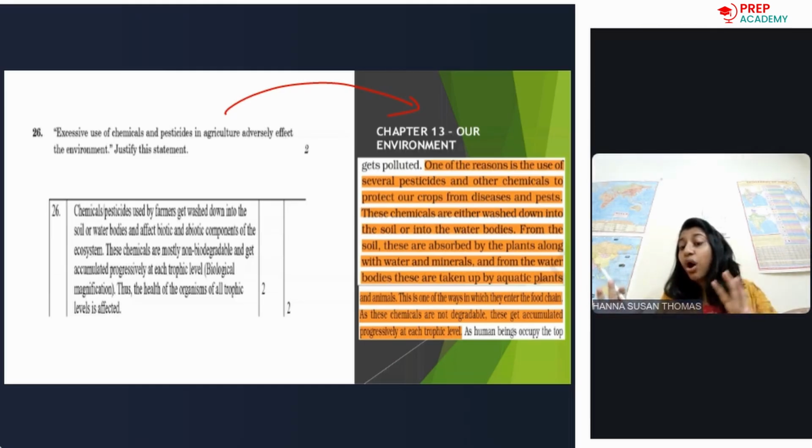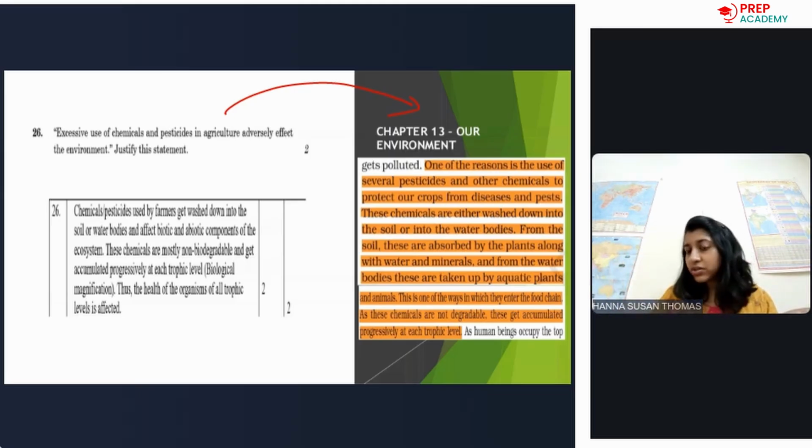And these chemicals are non-biodegradable substances. That means it is very difficult for these substances to degrade naturally. It will take lots and lots of time, right? So that's the main thing. Using excessive amounts of chemicals and pesticides in agriculture leads to water and soil pollution.